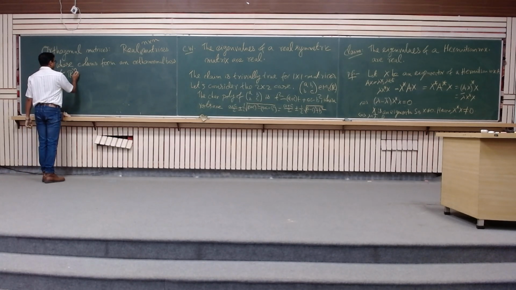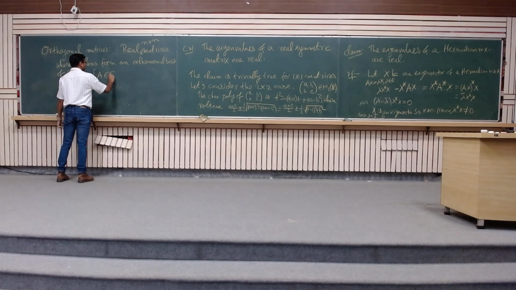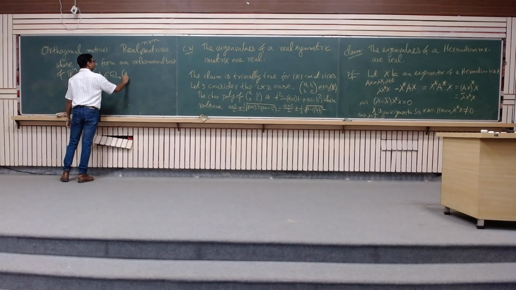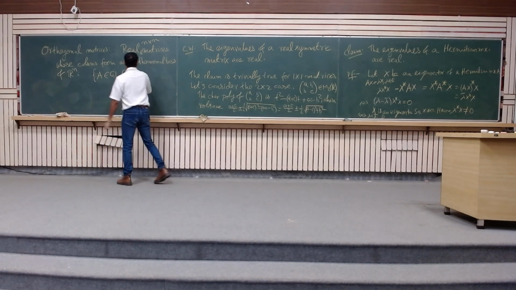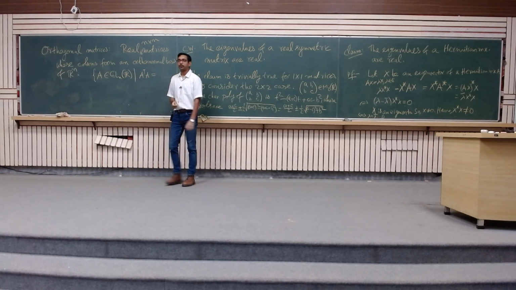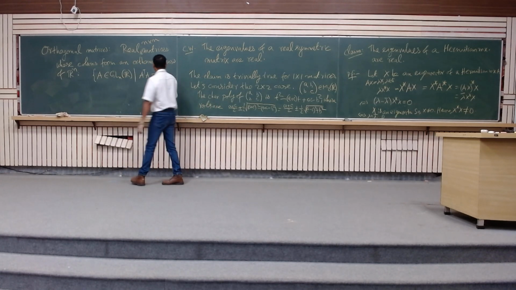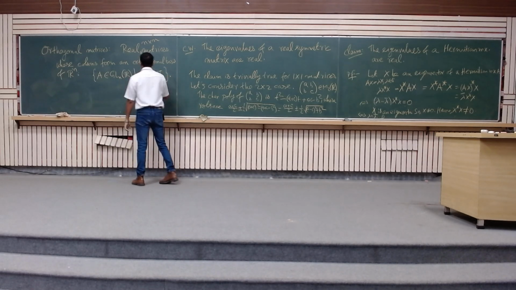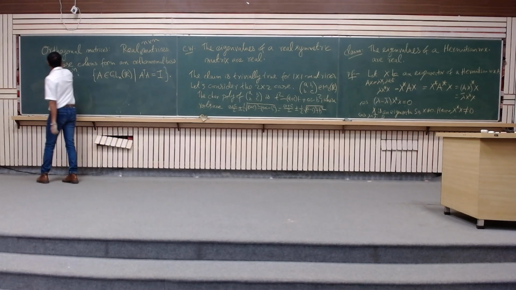That is, this is a set of matrices in GLnR such that A transpose A is equal to the identity. So these are called orthogonal matrices.